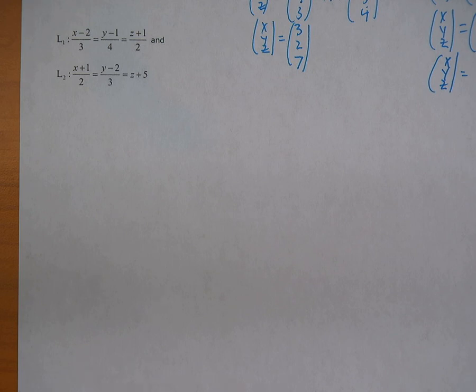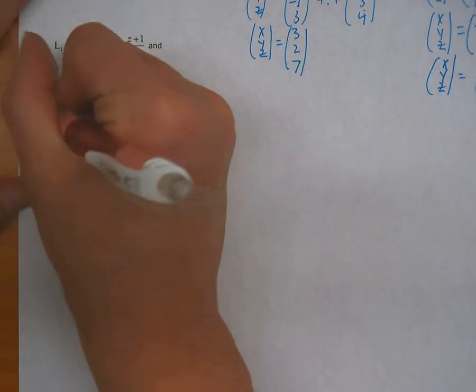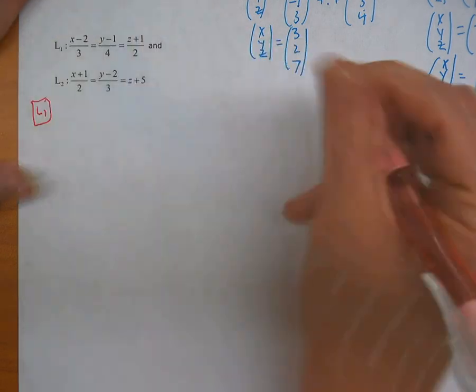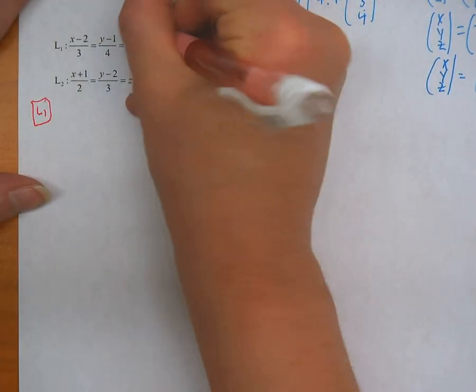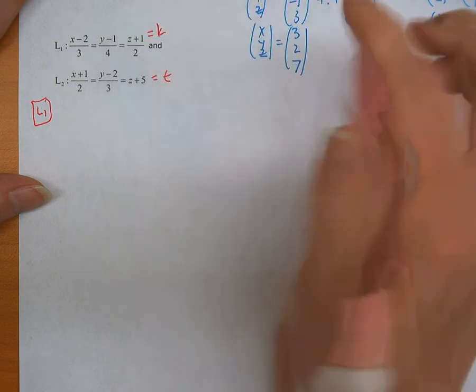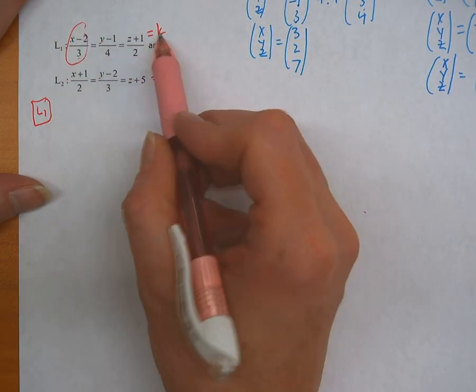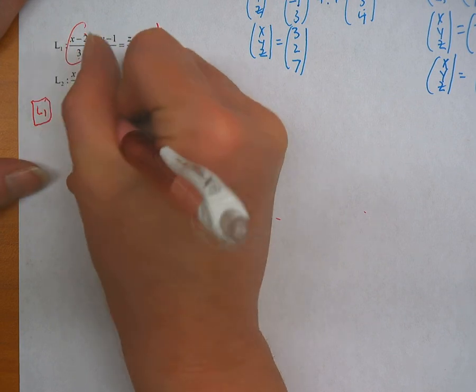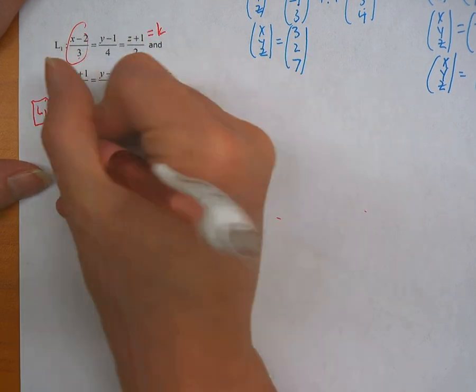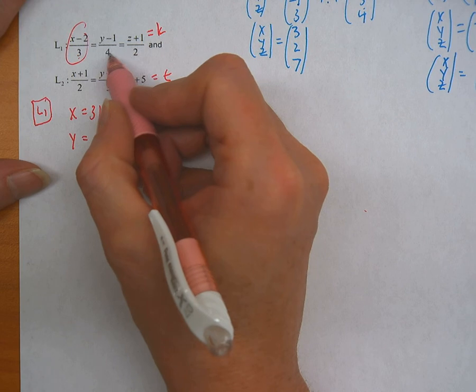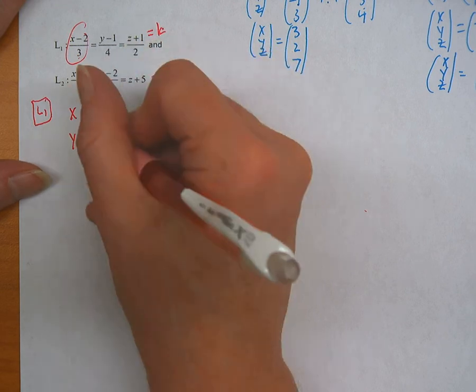Okay, so I need to turn this into parametric form. I'll use the same parameters as last time, K and T. So for the X component, I'll times 3 over and add 2. For the Y component, I'll times the 4 over and add 1.